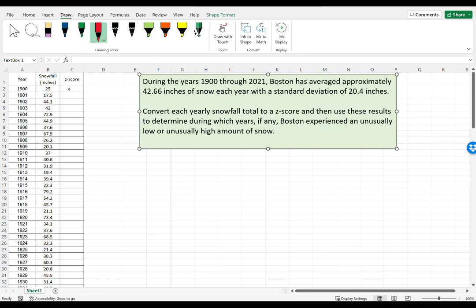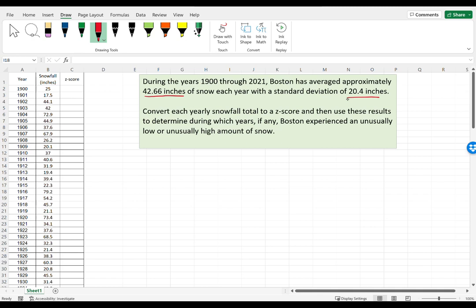Okay, so to do that, we need the mean and the standard deviation, and that's given. The mean is approximately 42.66. I say approximately because I rounded it to 2 decimal places. The standard deviation is 20.4.